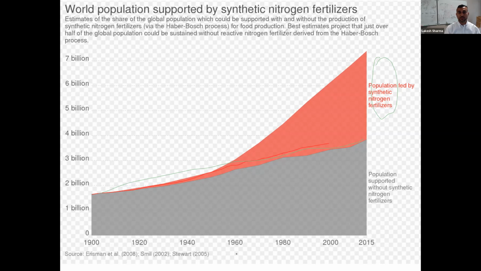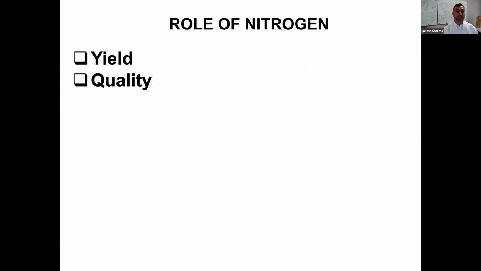It is important to understand that nitrogen is required not just to improve yield, but to feed the population. So it is essential to use synthetic nitrogen fertilizer to meet the food demand of the population, and also to be a profitable business.